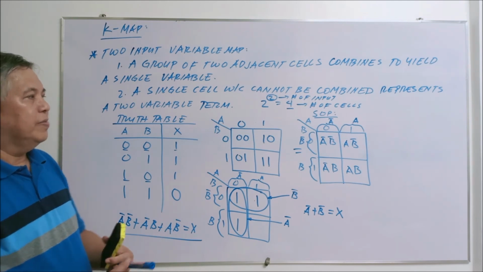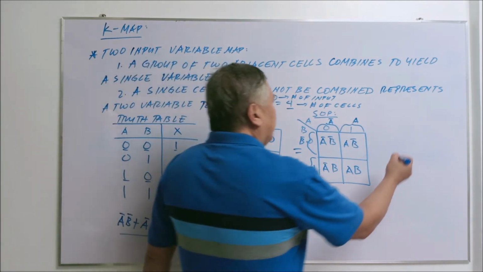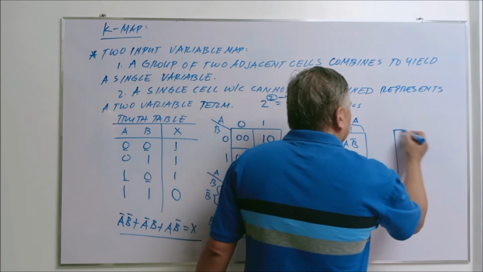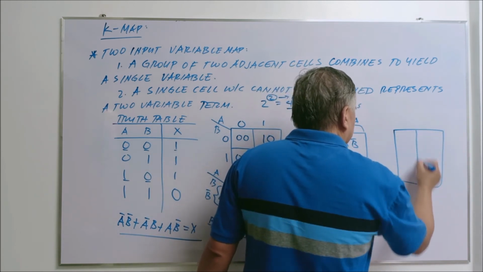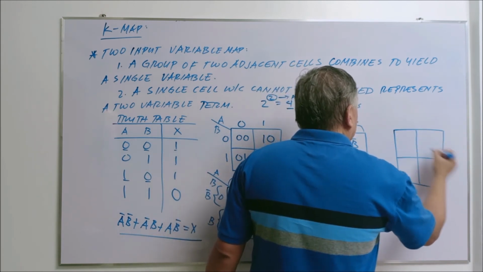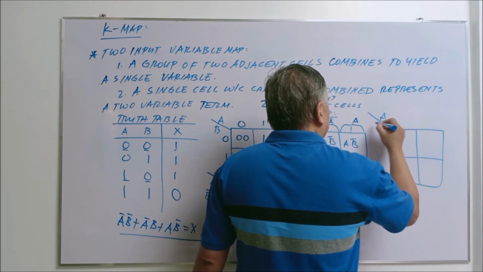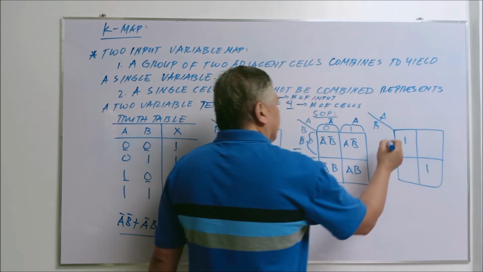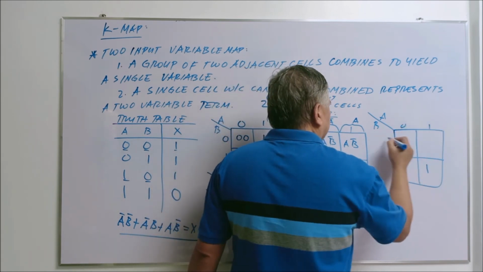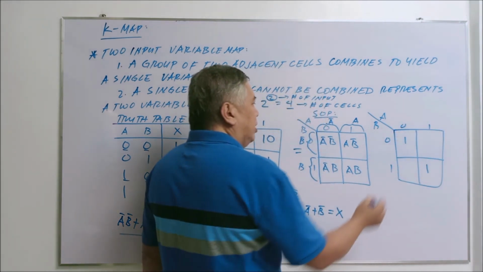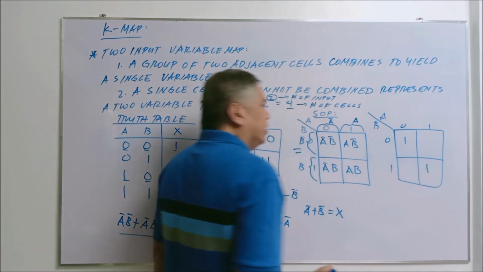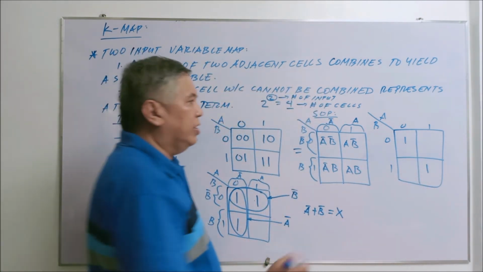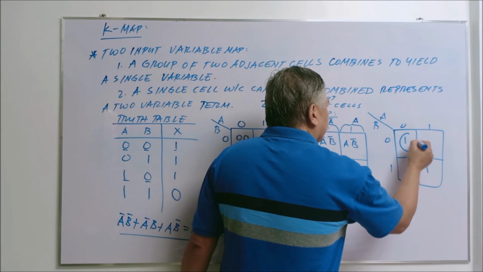Now, however, if we have a sample here, which is this one, you have here one, and then another one here, okay? So these two cells are not adjacent, so they are grouped individually.